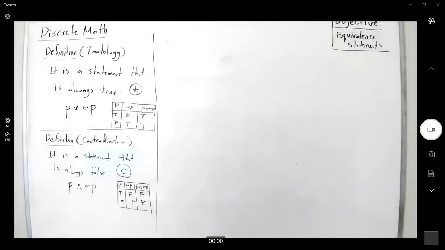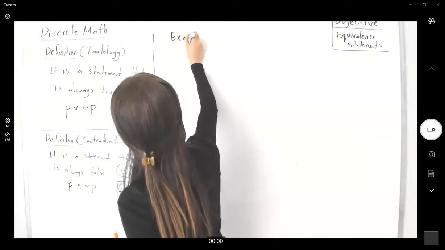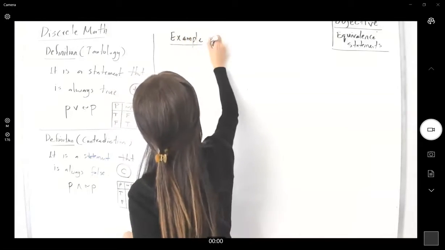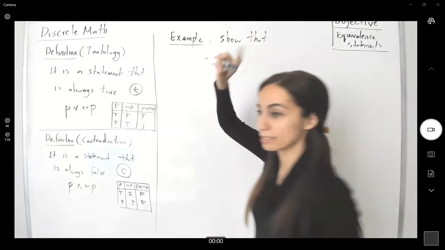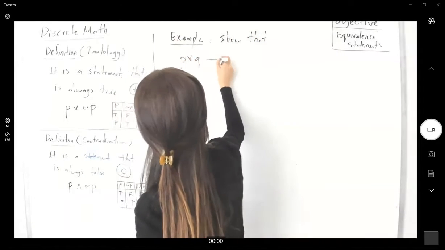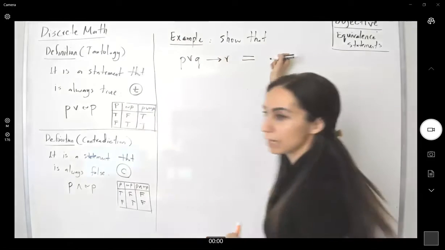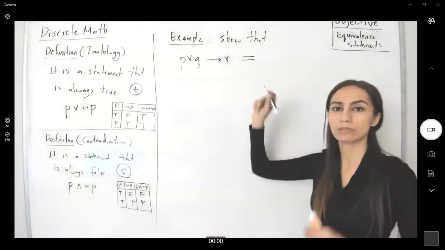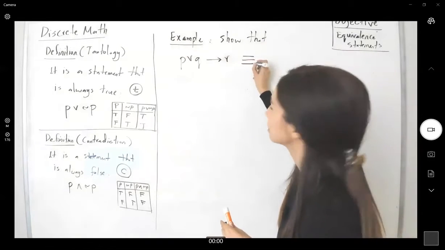My next question is this. Suppose I ask you to show that these two statements are equivalent: P or Q, then R, is the same as, guys, sometimes we use equality, sometimes for equivalence we use 3 lines.